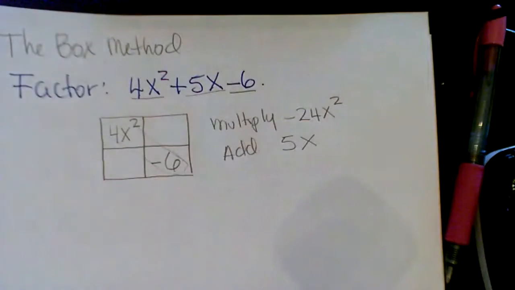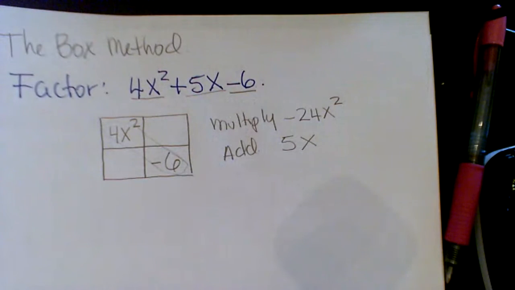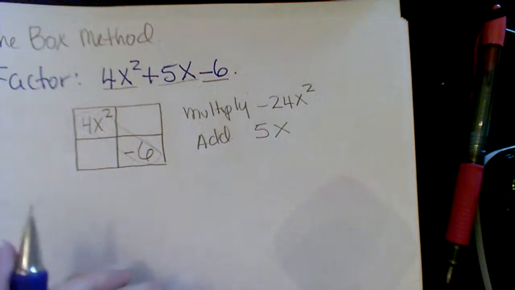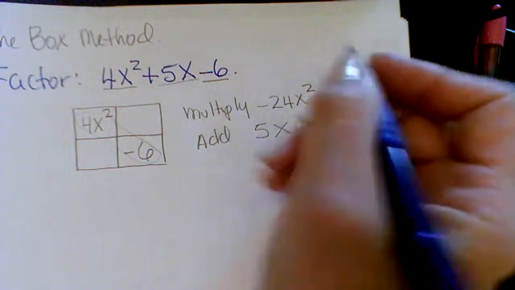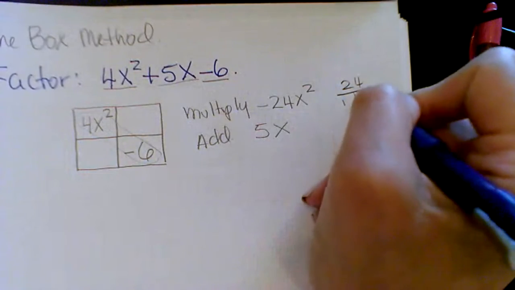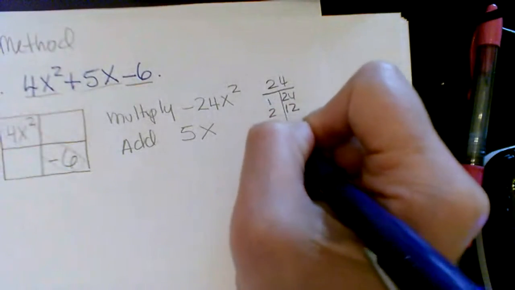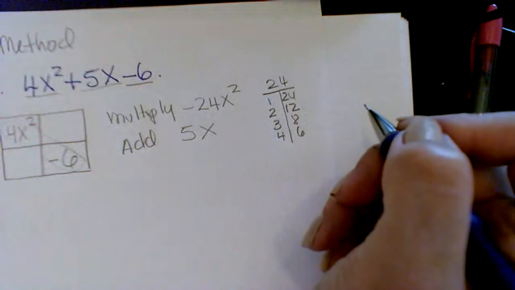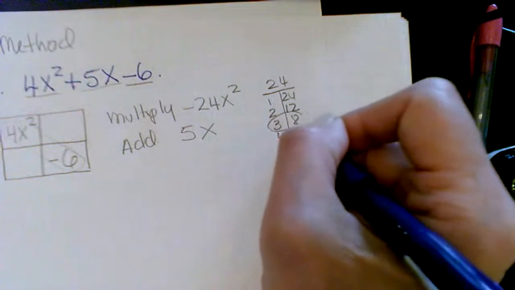All right. Now, let's do the same exercise with the box method. I need two numbers that when I multiply, I get negative 24, and when I add them, I get 5. So what are the factors of 24? 1 times 24, 2 times 12, 3 times 8, 4 times 6. Don't have too many. What two numbers will give me a 5?